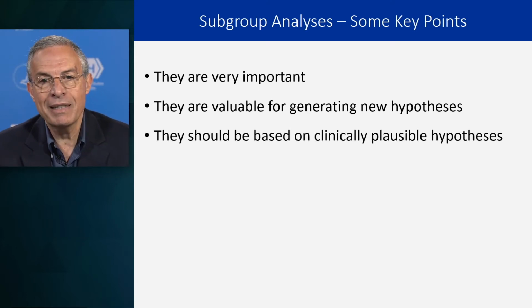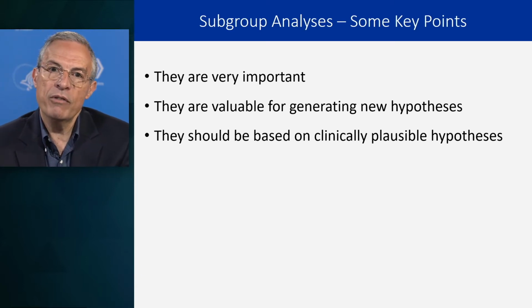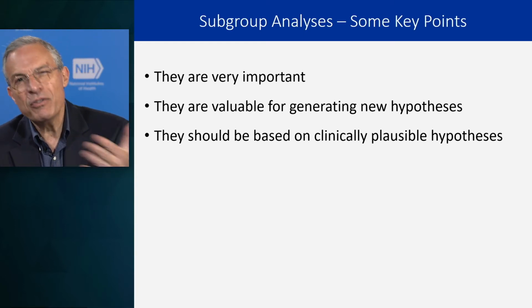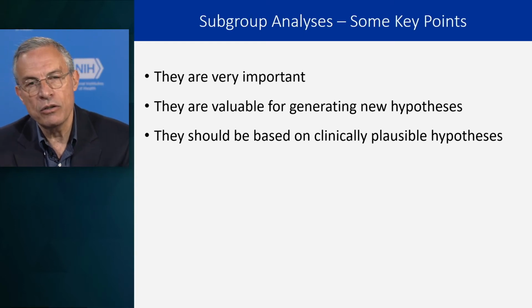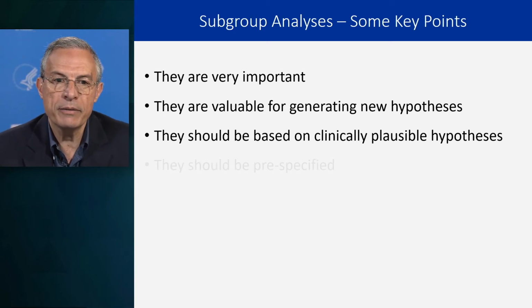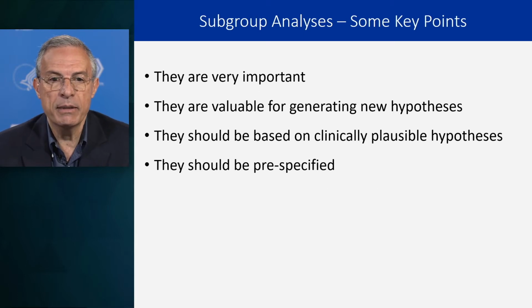They should be based on clinically plausible hypotheses. So you should ask yourself, let's try to see if there are differences in these subgroups. Well, you have to have some kind of a logic, a reason to do that, not just create subgroups just to try things. They should be pre-specified, highly recommended.